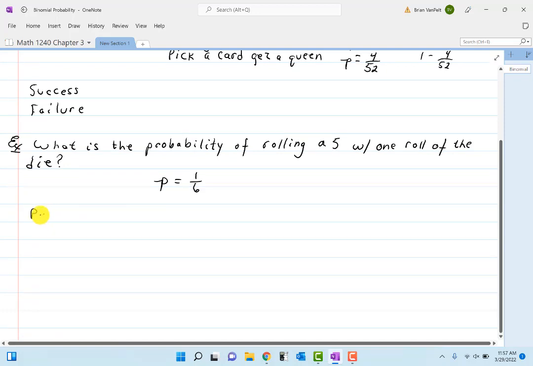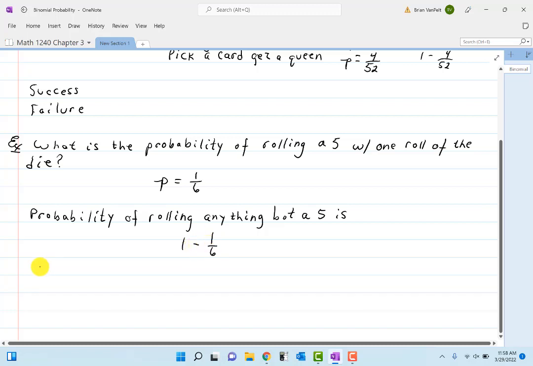So the probability of rolling anything but a 5 is 1 minus 1/6. And we call this failure.